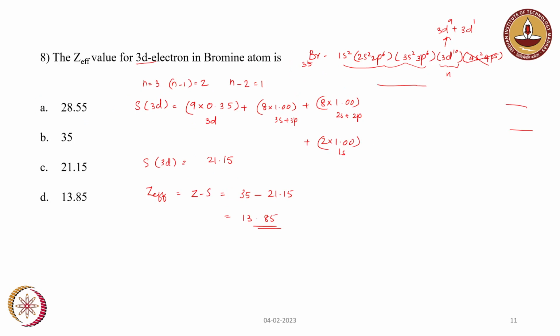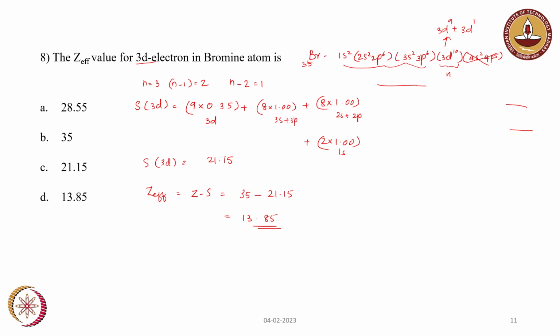And the next question was Z effective value for the 3D electron in the bromine atom. Similar to previous cases, we have written down the electronic configuration for bromine, and since we don't have to calculate for electrons coming after the 3D, we can neglect those.